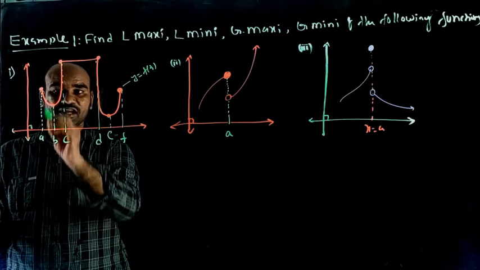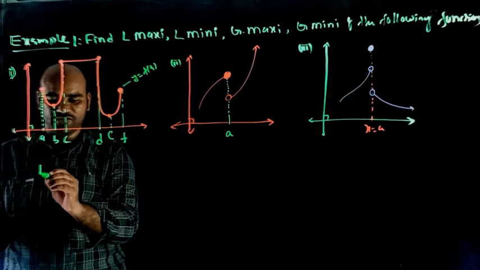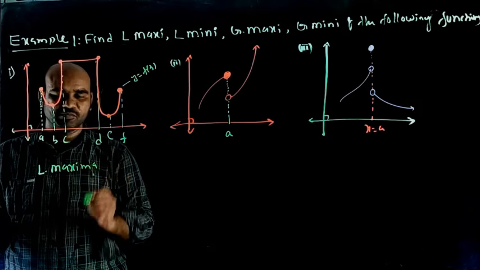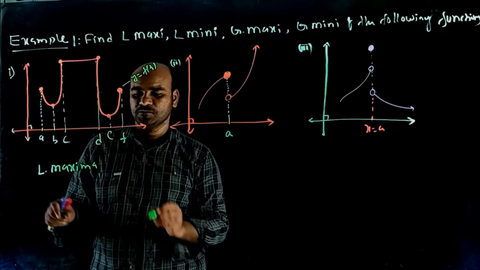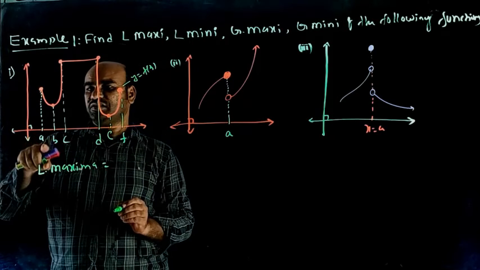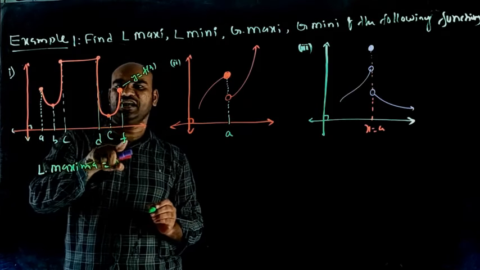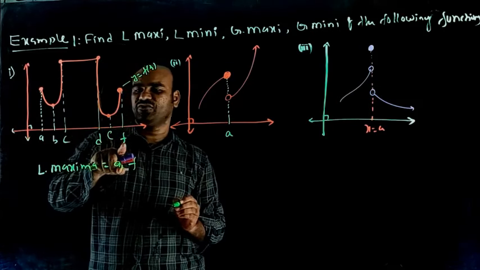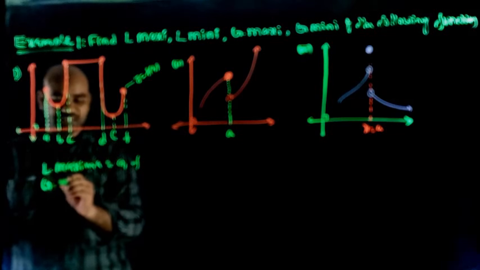At A, we will get a local maxima. First of all, I will get the points of local maxima. Observe here, at A and at F. A comma F. Observe A and F are local maxima.